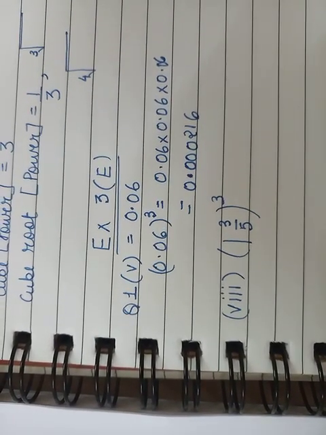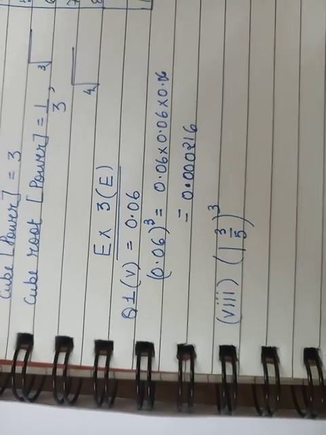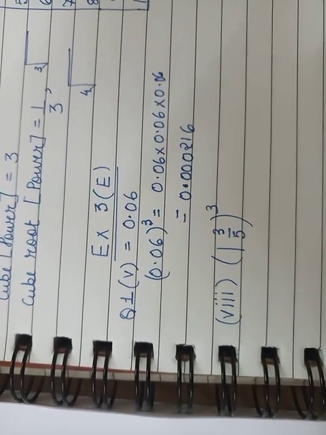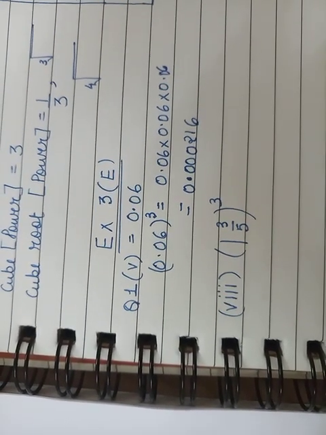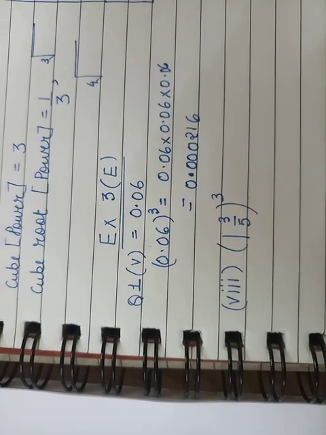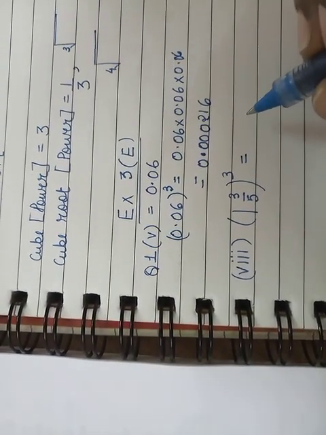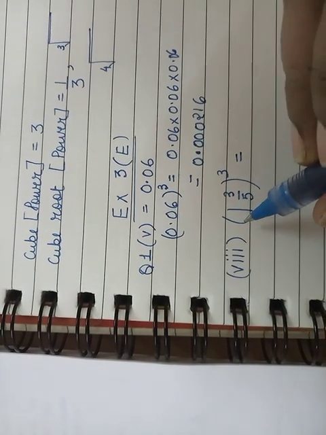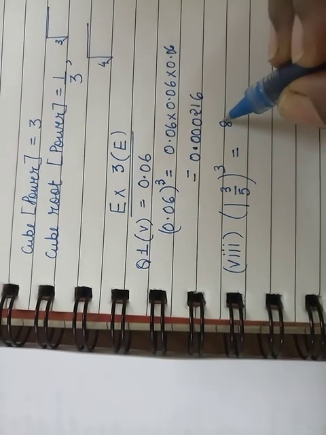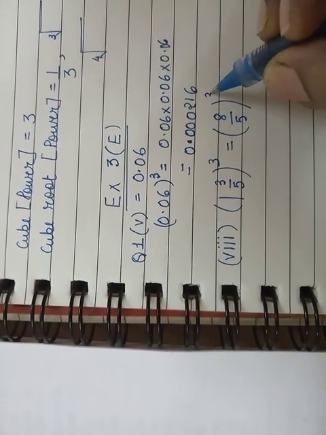Now we proceed with question number 1, 8th part. 1 whole 3 by 5, we are looking for the cube. The first step is we write the mathematical expression showing that we are finding the cube. Now we convert this mixed fraction into an improper fraction. 5 ones is 5, plus 3, 8 by 5 whole to the power 3.